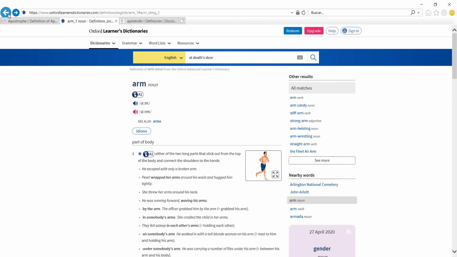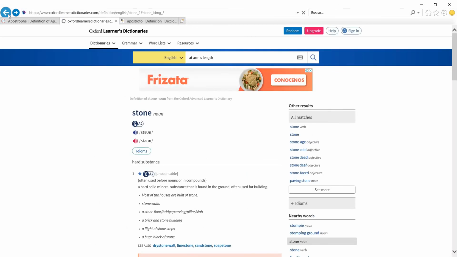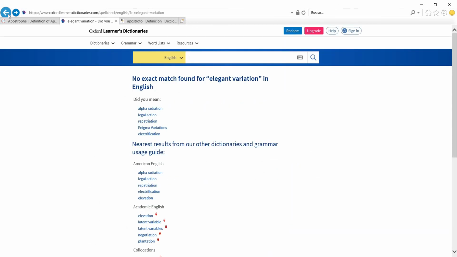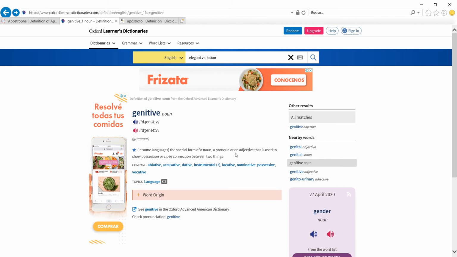Remember, at death's door, at arm's length, a stone's throw. Well, this wasn't here, so elegant variation is a linguistic term. And genitive, remember, which is a form of referring to possession or connection between two things, right? And here you have all the possibilities, right? You can check them out. Okay, thank you very much. That is all.